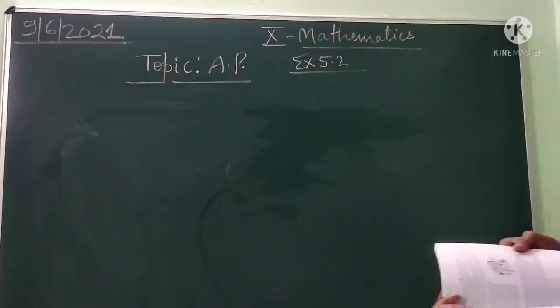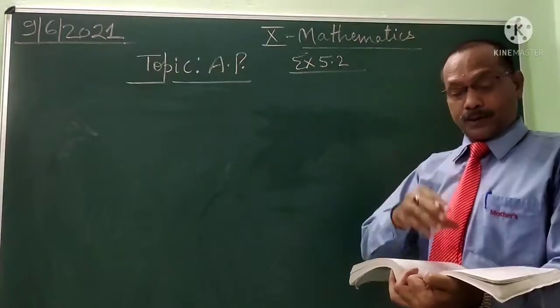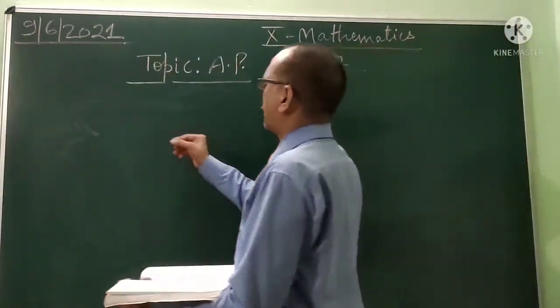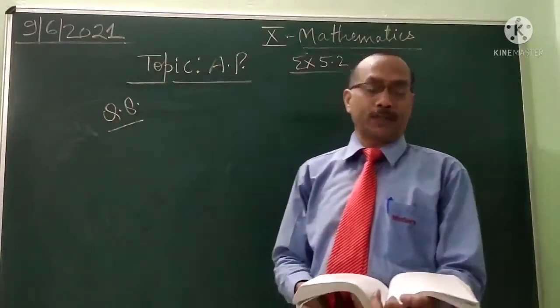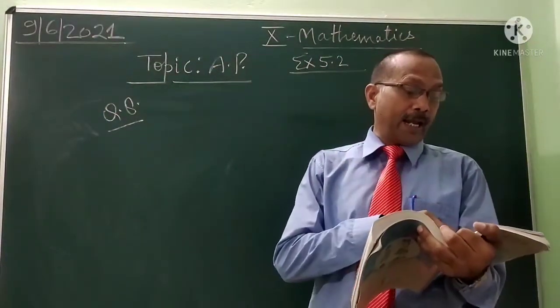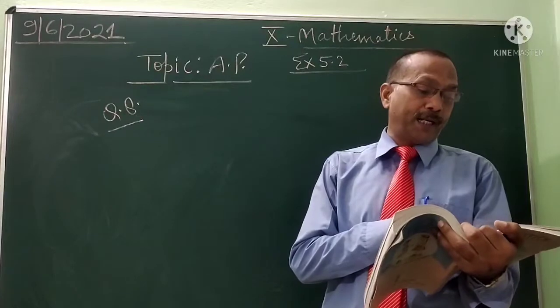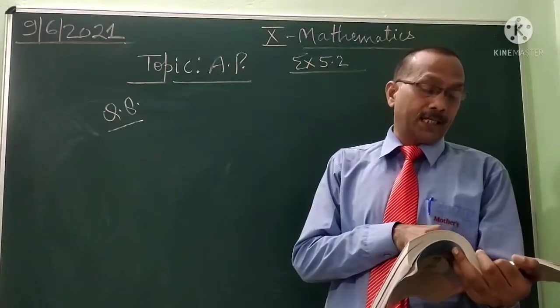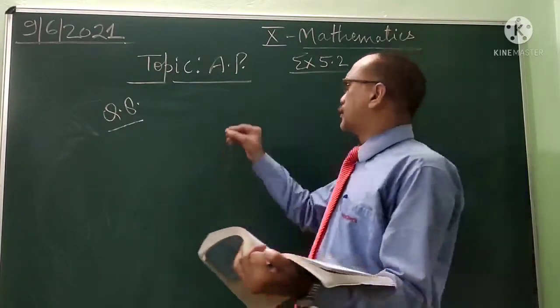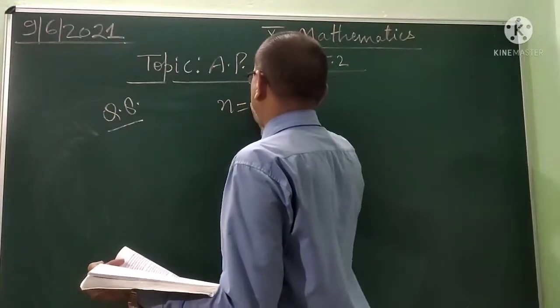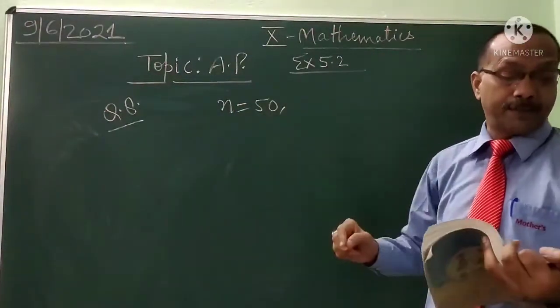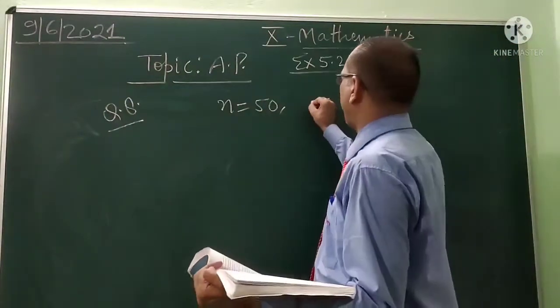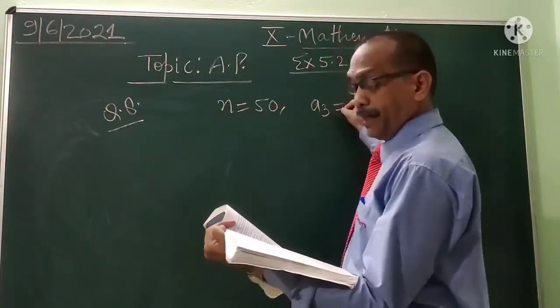Student, now the next question is question number 8. See the question. An AP consists of 50 terms of which the third term is 12. So here n equals 50 because the AP consists of 50 terms, and the third term a3 is given as 12.